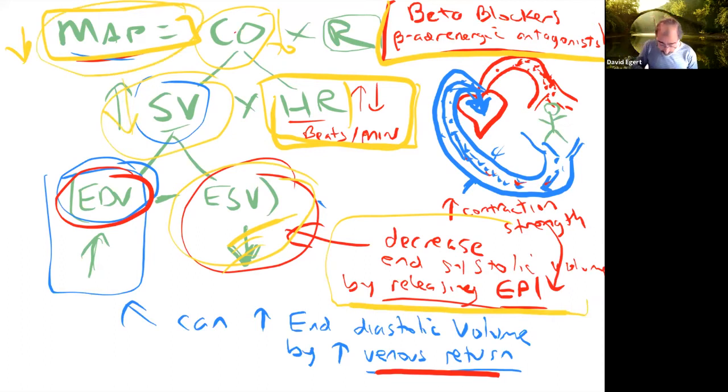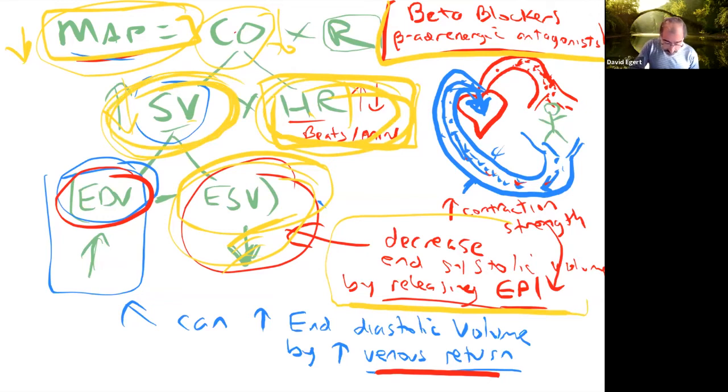So by inhibiting that increased contractile strength, that's keeping our stroke volume down. By keeping the heart rate down and keeping stroke volume down, both keep the cardiac output down, which keeps the blood pressure down.